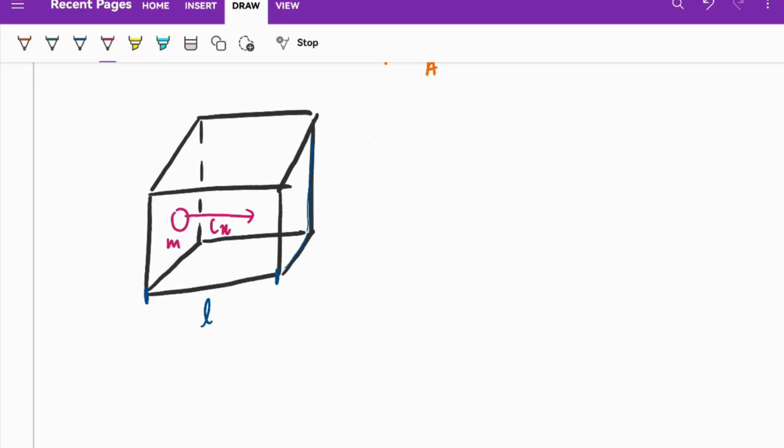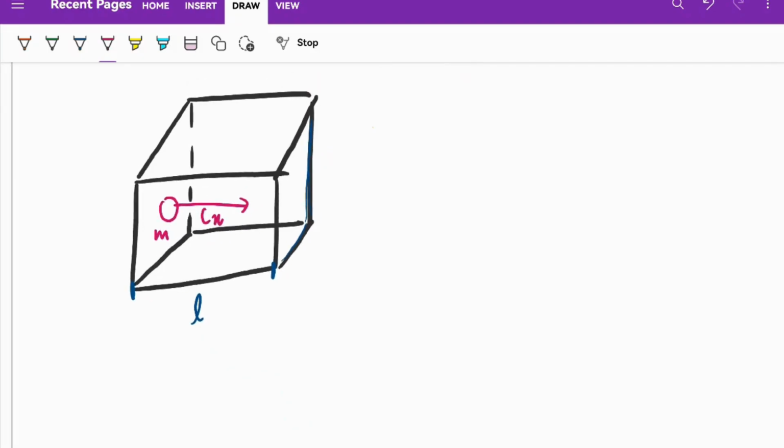The gas molecules move in all three dimensions: the x direction, y direction and z direction. Here I'm just giving an example, because you're going to derive a formula, so I start with an example where the molecule is moving in the x direction. It will be easier to derive as we go on.